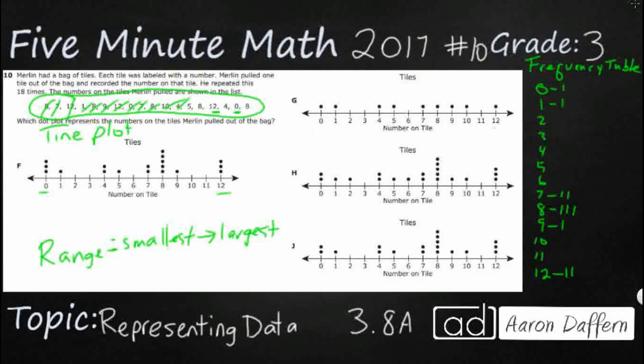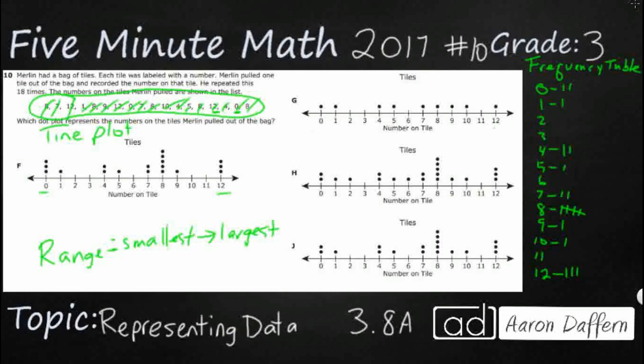And I'm just going to finish this out here and make sure I have all of my numbers represented. 5, 8, and 12. There's another 5. There's an 8. 12, 4, 0, 8. Looks like I have quite a few 8s. 4, 0, and 8. Notice I don't have anything for 2, 3, 6, or 11, and that's perfectly fine.